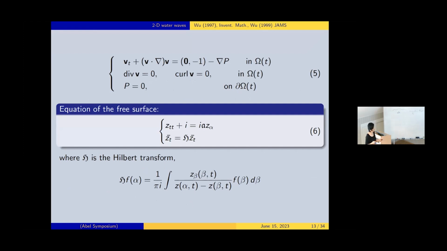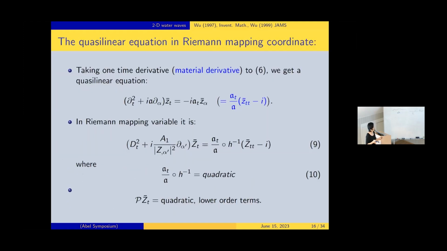So if we take one derivative of this, we get z_tt, right? The right-hand side has two terms, i z_t alpha times A plus i A_t z alpha. Now we move one of the terms on the right-hand side to the left, and we also put a bar there. The reason I'm writing it this way is that we can show the left-hand side is the higher order term, and the right-hand side is the lower order term.